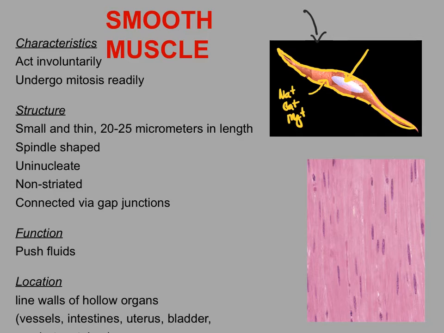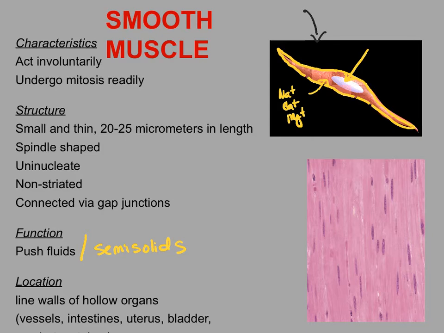That's what gap junctions are. The function of a smooth muscle is to push fluids, and I would even say semi-solids, depending on where on the body you're talking about.